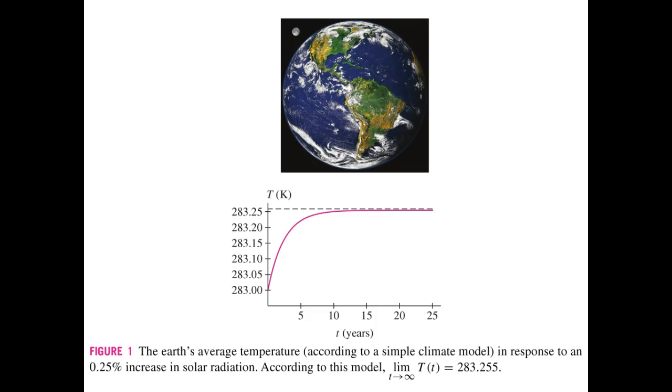Now, it doesn't happen immediately. It happens starting here. After 5 years, you would be, say, 283.21 or .2. At 10 years, you'd be close to 0.25. At 15, a little bit greater than 0.25, but there is a cutoff there.